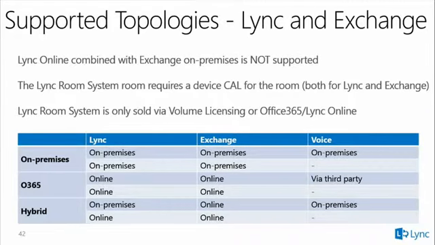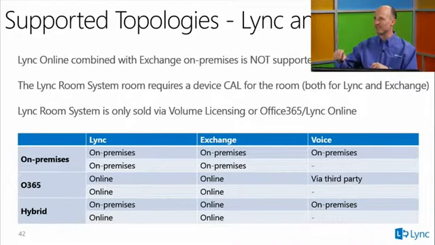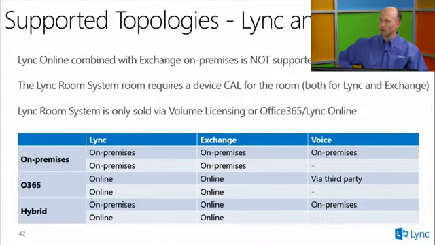With hybrid, it's important to remember that if Exchange is online, it's that little matrix: when Lync is online, Exchange can't be on-premise for it to work. And you only get voice if that Lync Room System is homed on-prem.